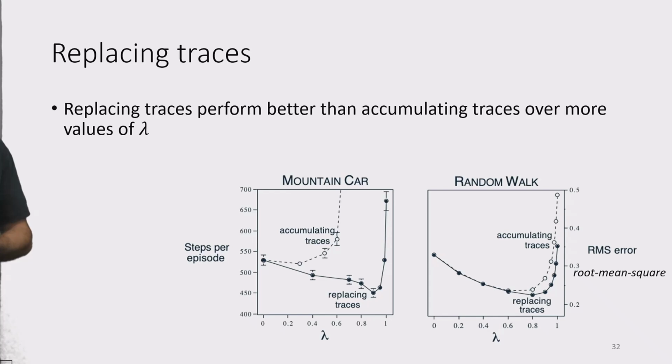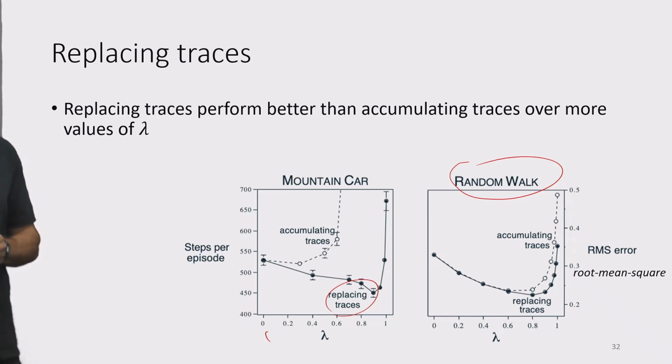And indeed, you can see that in 2 domains, in the mountain car domain, we can see a clear advantage for replacing traces over various lambdas, maybe not 0, but for all of the other lambdas, we do see a clear advantage for replacing traces, while in the random walk domain, we still see advantage for replacing traces. However, it's lesser, I would say, than accumulating traces. But in any case, at least in these 2 domains, accumulating traces is never beneficial over replacing traces.